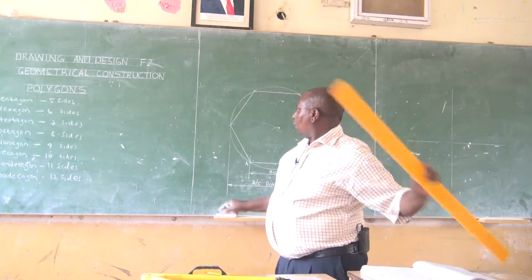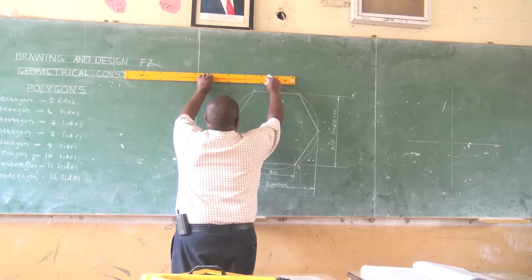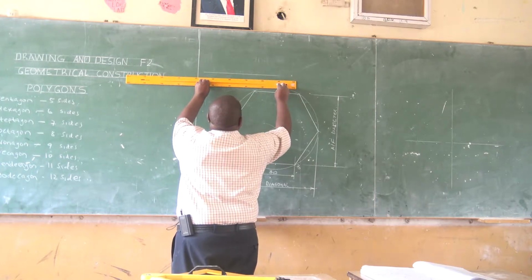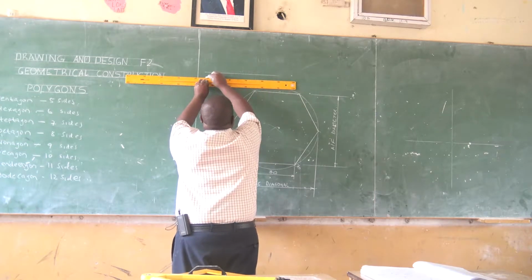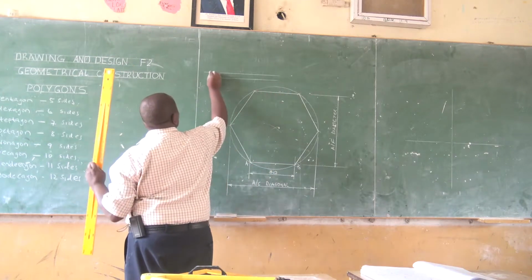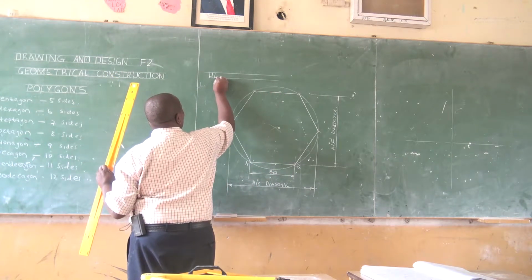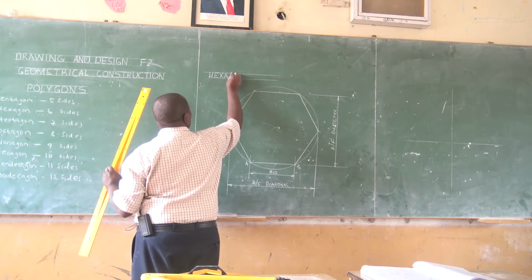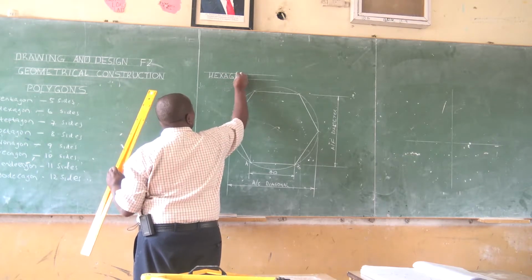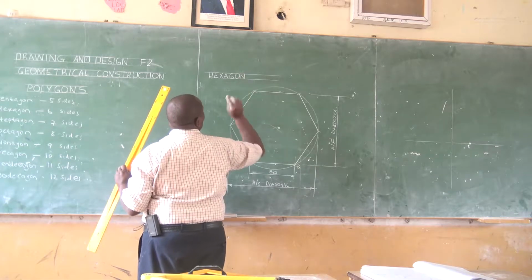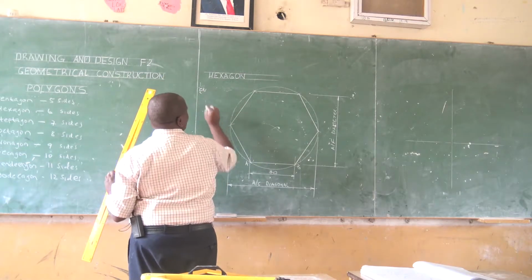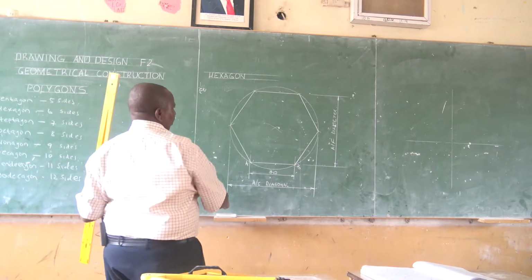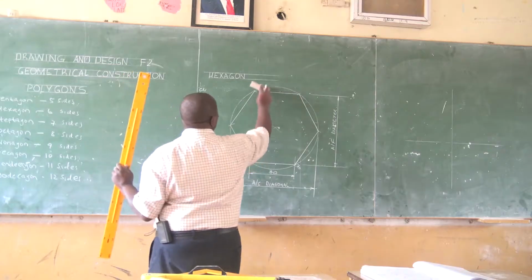as we said, this is the hexagon, and our title has been compromised by the size, so we write hexagon. Hexagon, method A, and in this case we said we are given one side, and we have been able to establish the diameter and also the diagonal.